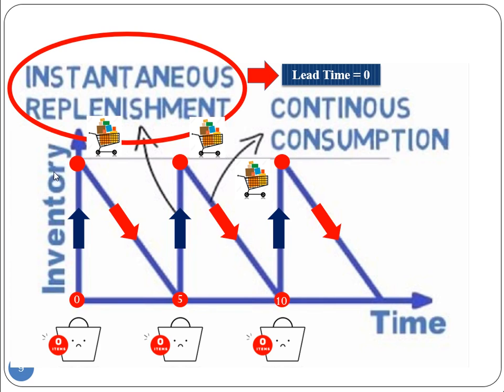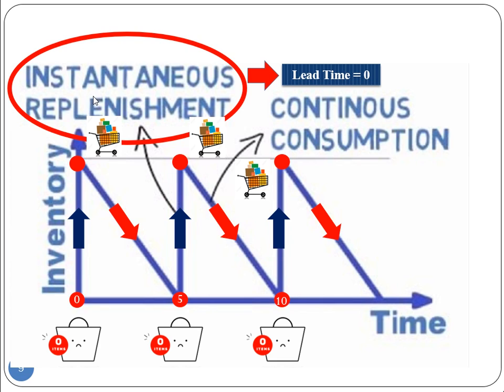That means his inventory is going to be reduced per day. After 5 days, on the fifth day the inventory is 0, and on the fifth day he is going to put the order, and the same day he gets the order delivered.